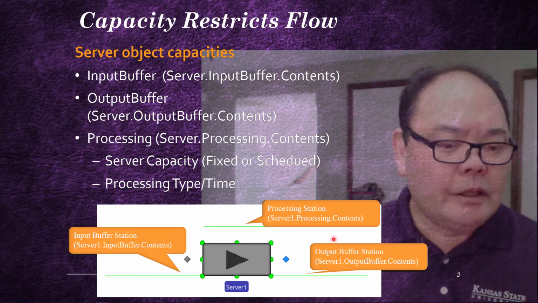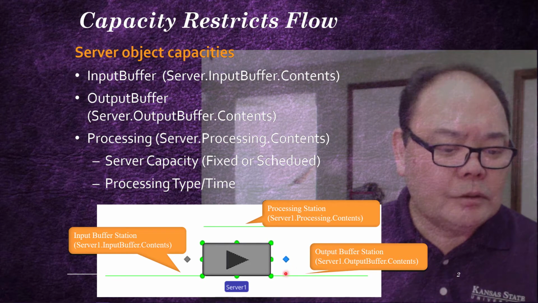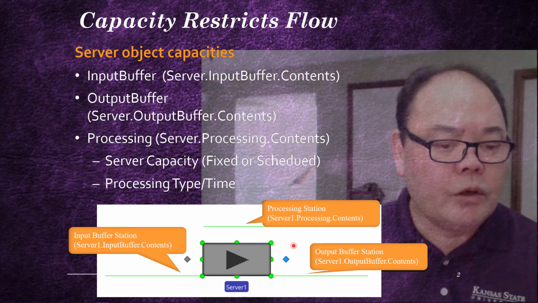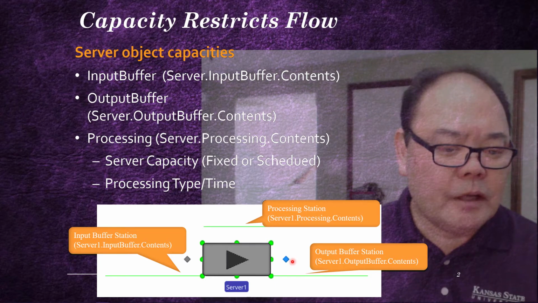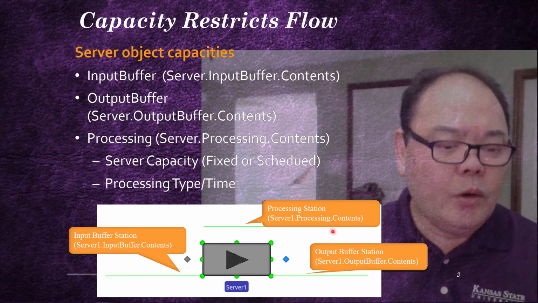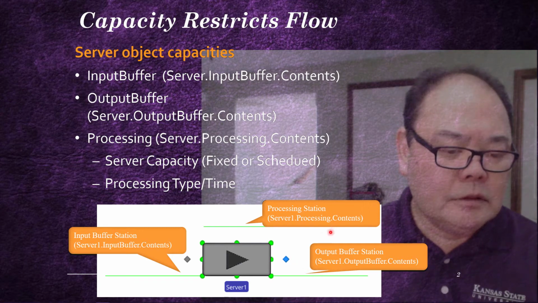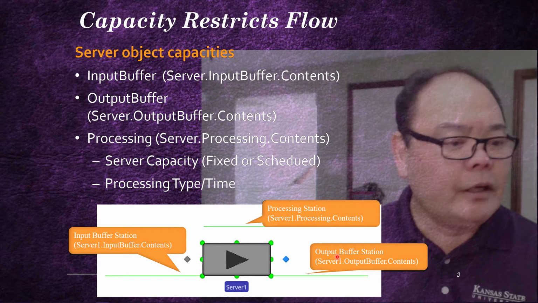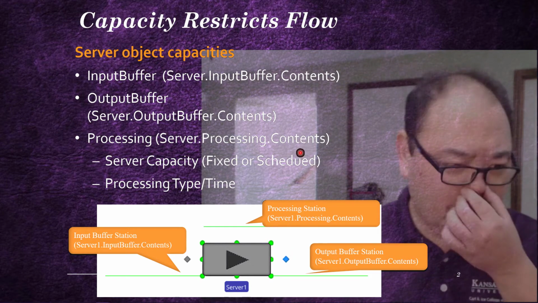But for other applications, where the entity is waiting for a vehicle, AGV, or some lift truck, the entity will wait on the output buffer for a vehicle to come and pick it up, and so on.